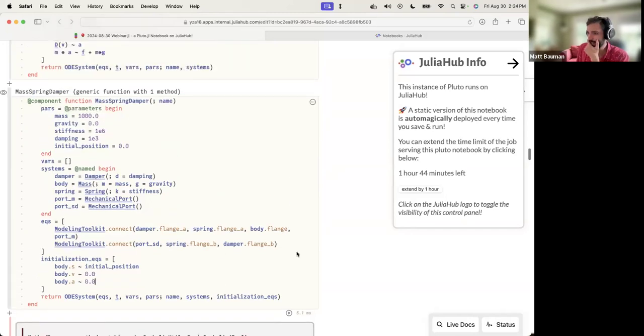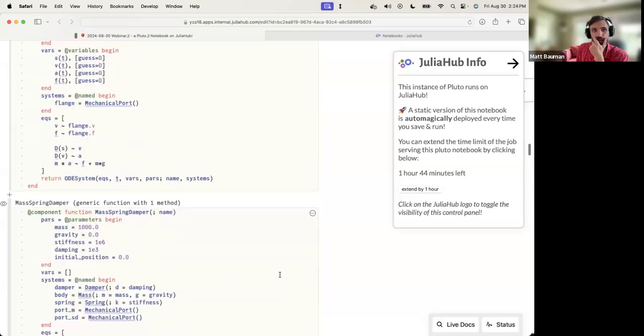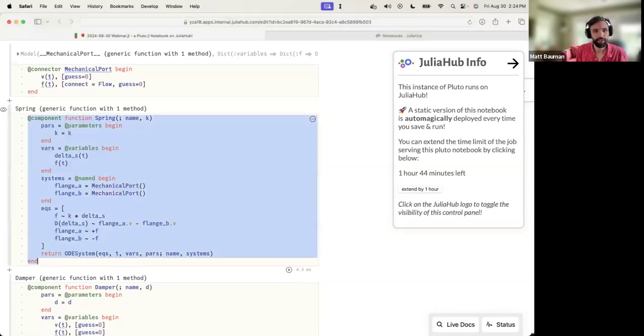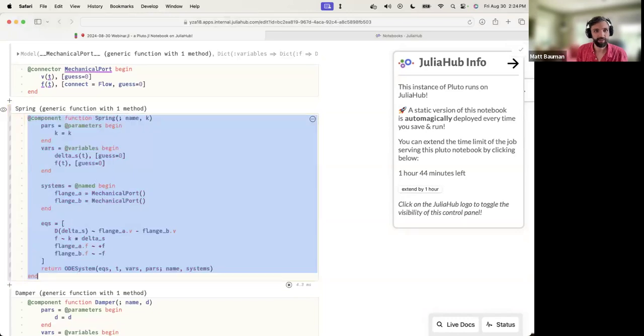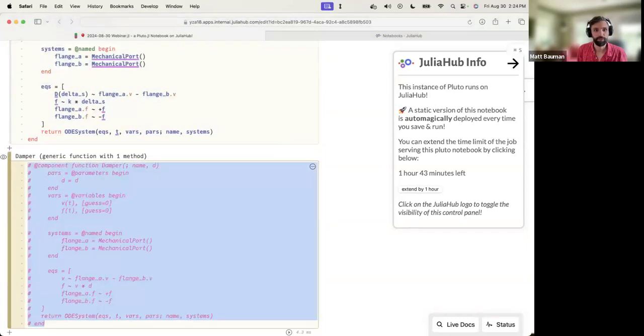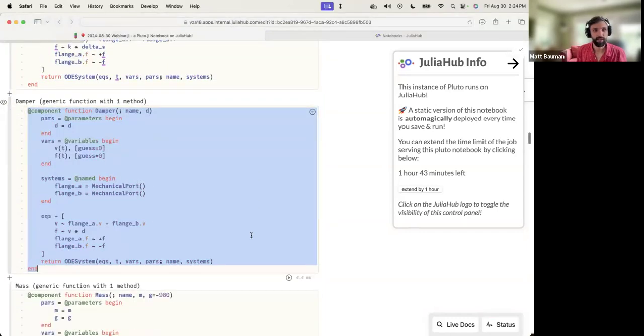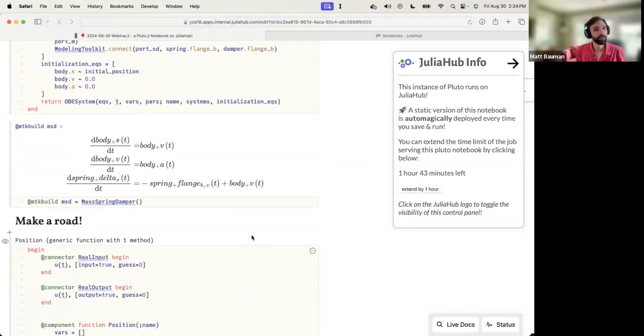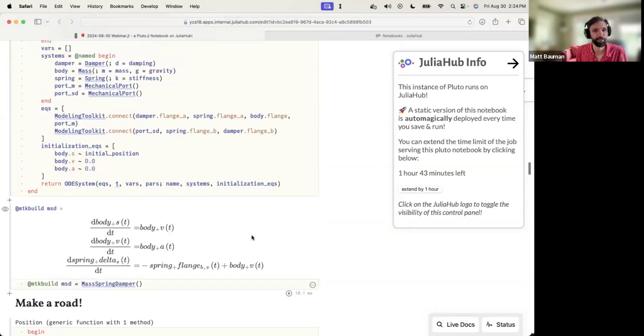Let's see if I can find it. I guess what I could do here is, it's going to be in one of these: mass, spring, or damper. I can copy and paste these in and reevaluate them and see what happens. From my notes, these should be exactly the same. So one of those two things was the problem.